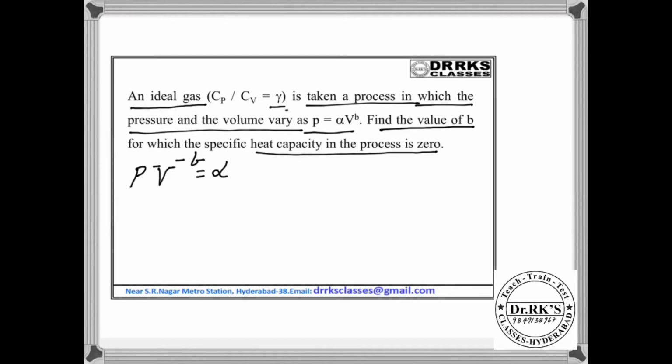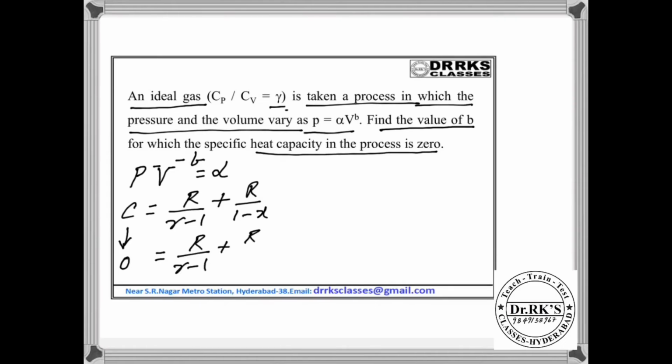So we know that C is equal to R by gamma minus 1 plus R by 1 minus x. Okay. So here C value is 0, given. So R by gamma minus 1 plus R by 1 minus, what is x?